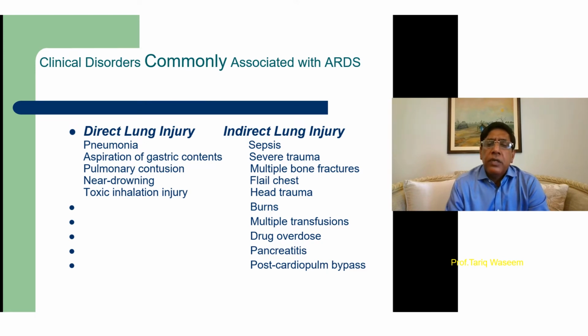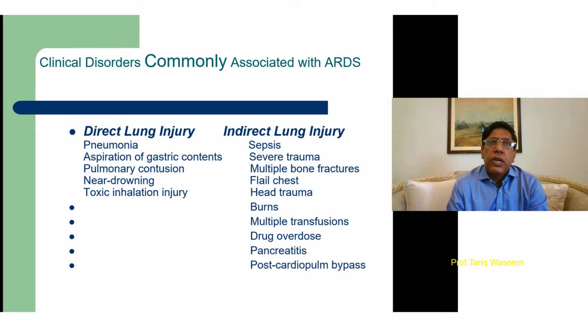It happens in burn injuries. It happens in patients who receive blood transfusions. This is a peculiar type of ARDS developing in the setting of transfusions, which is labeled as TRALI, transfusion related acute lung injury.